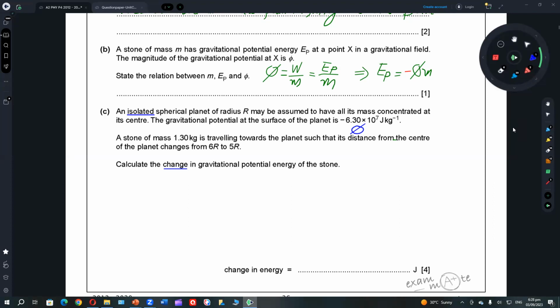I have shared the formula list again today. If you people have to look at it, you can look at the formula for the change in gravitational potential energy.